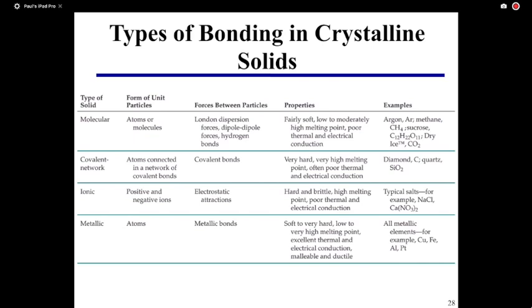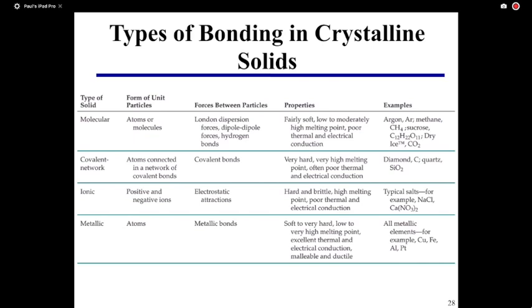And if you have a covalent network in which not only do they pack, but they make bonds to each other, then the force between atoms is a covalent bond itself. You can have ionic bonds, where all of the ions are positive and negative, and then you have electrostatic attractions. We call that ionic bonding. And in the last one, metallic, there are atoms that are there, and we get metallic bonding, which is totally different. We'll talk about that again.